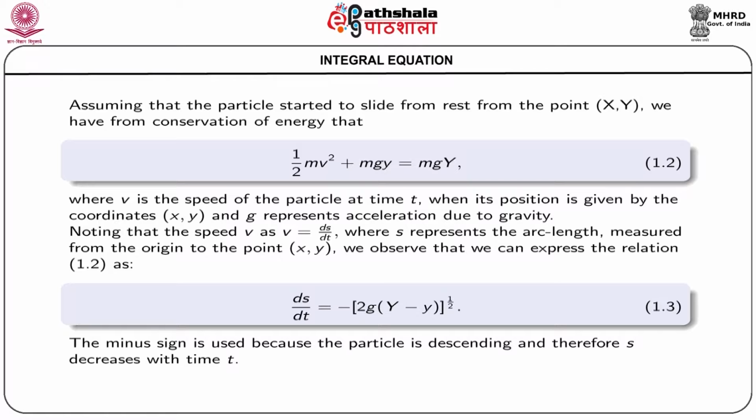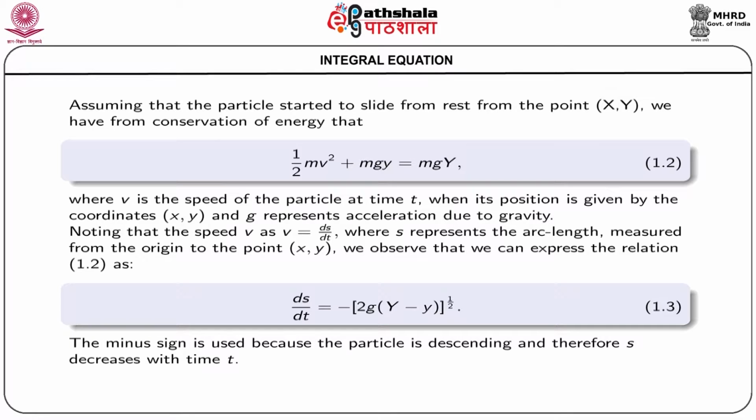Here, v is the speed of the particle at time t when its position is given by small x, small y, and g denotes the acceleration due to gravity.